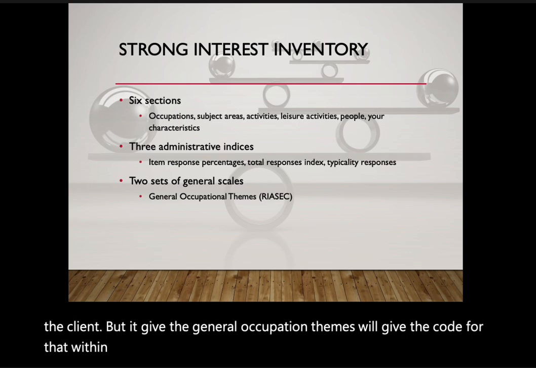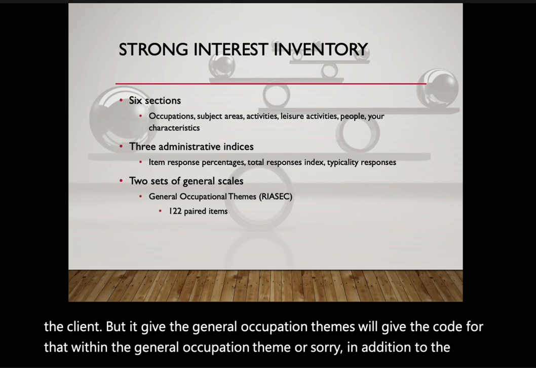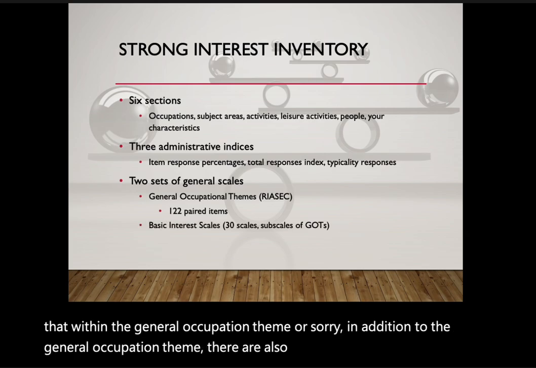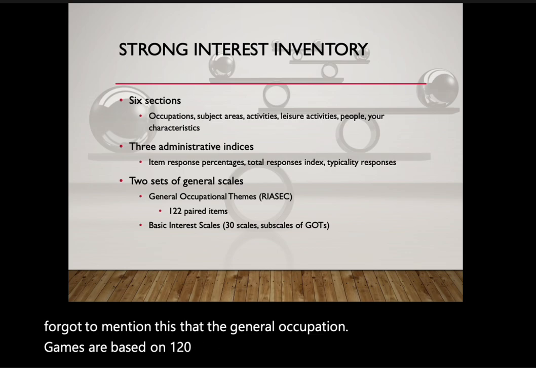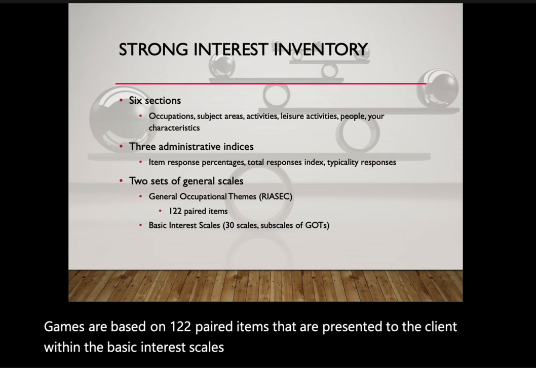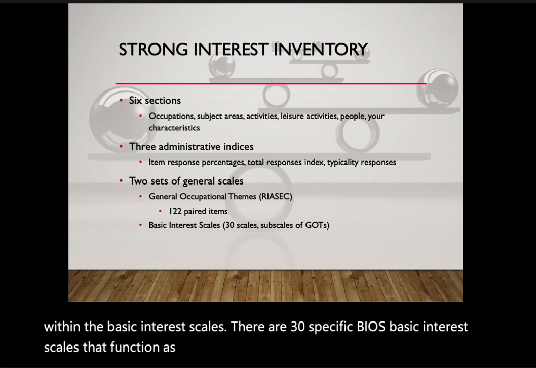In addition to the general occupation themes, there are also 30 basic interest scales. And I forgot to mention that the general occupation themes are based on 122 paired items that are presented to the client. Within the basic interest scales, there are 30 specific BISs, basic interest scales, that function as subscales to the general occupation themes.